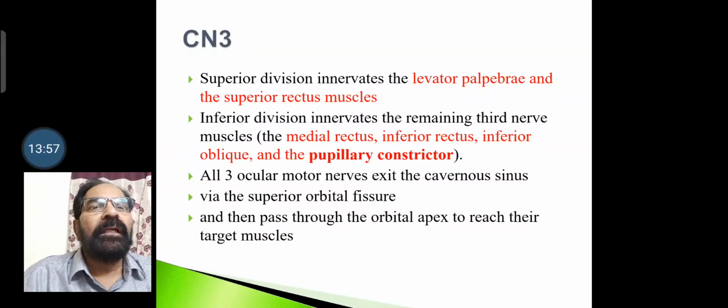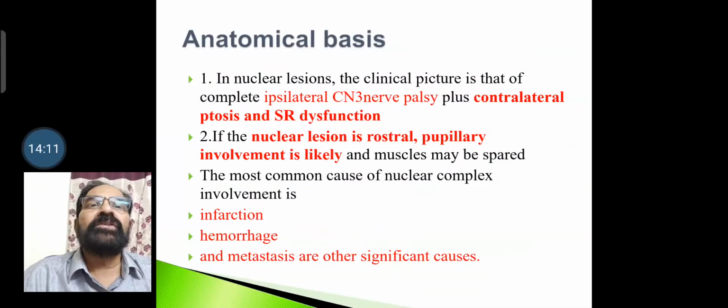All 3 oculomotor nerves exit the cavernous sinus via the superior orbital fissure and pass through the apex of the orbit to reach the target muscles. Then coming to anatomical basis.